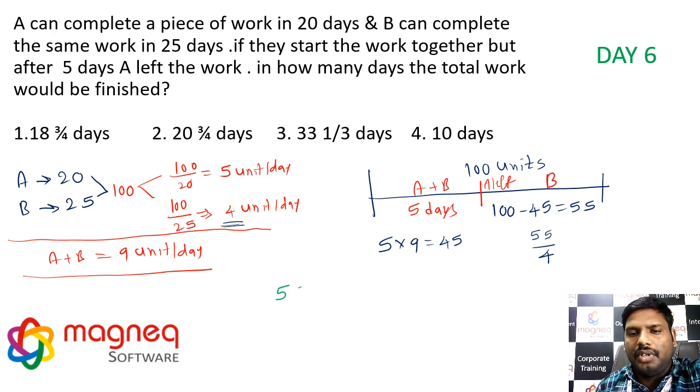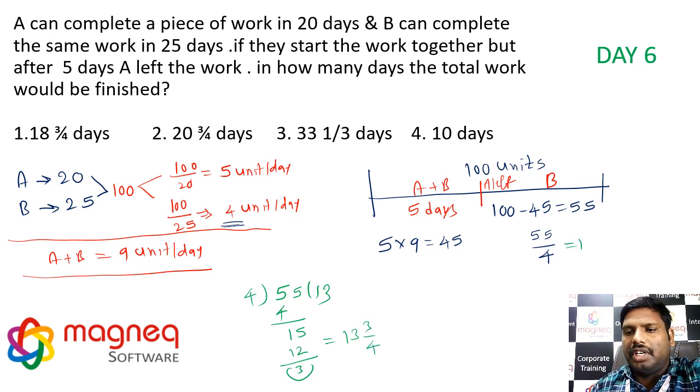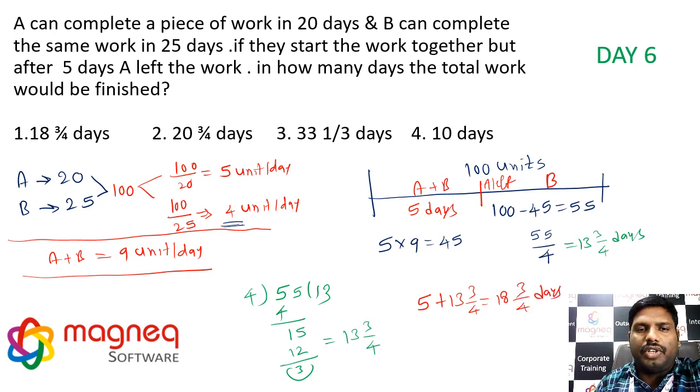So 55 divided by 4: 4 ones are 4, 4 threes are 12, remainder 3, which means 13 3 by 4 days. So total work means 5 plus 13 3 by 4, which is 18 3 by 4 days. First option, 18 3 by 4 days.